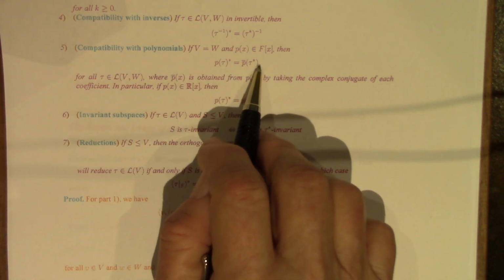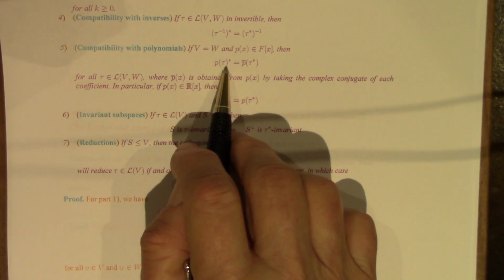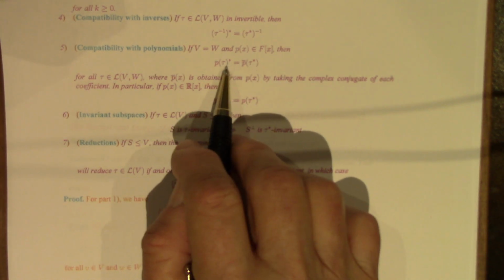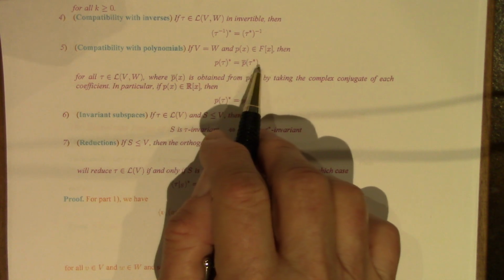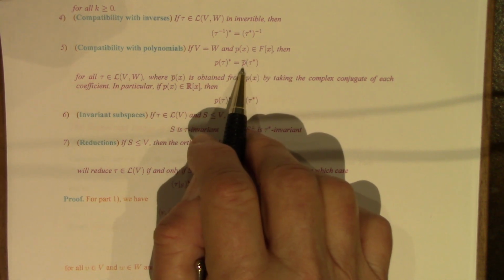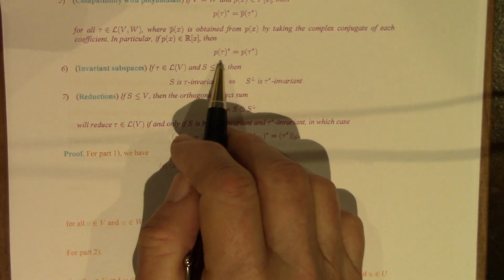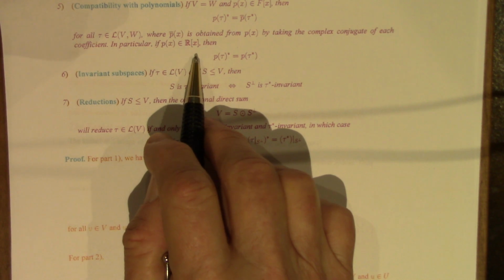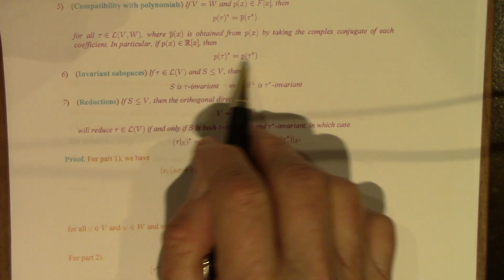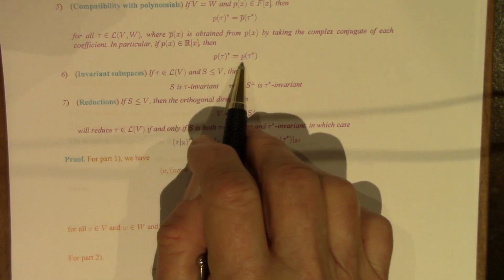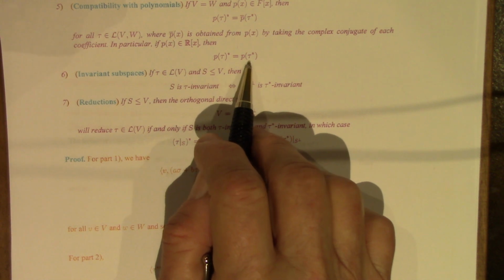So when you move the star inside the polynomial, that's kind of a sloppy way to say it, you have to change the coefficients. You have to take their complex conjugates. If P of x is a real polynomial, then the adjoint of P of tau is P of tau star.